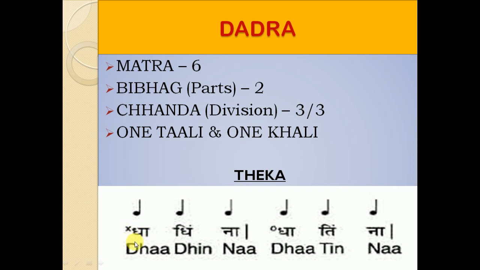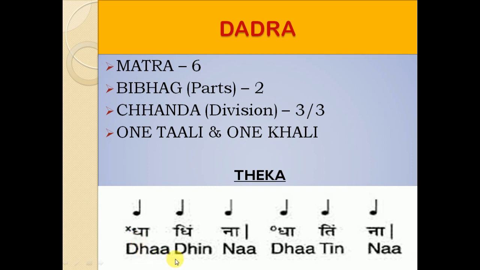Anyways, so you see here it is dha, and now when we see a cross sign above or below any matra, it is represented by a tali. In simple language, tali means clap. So whenever you see that on or below a particular matra there is a cross symbol or a plus symbol like this, you always give a clap there.